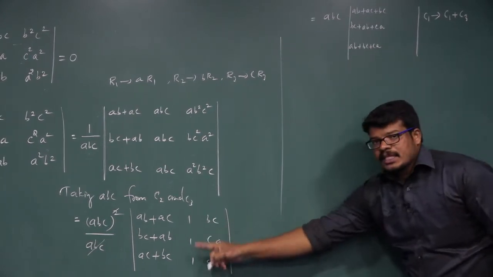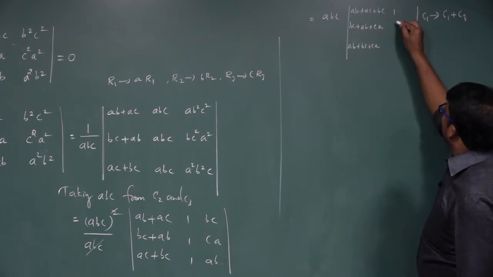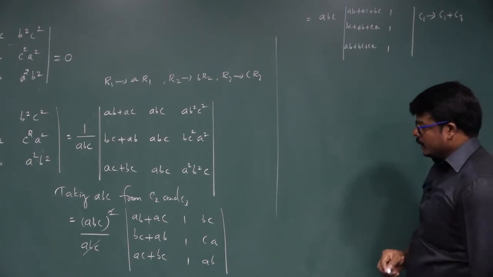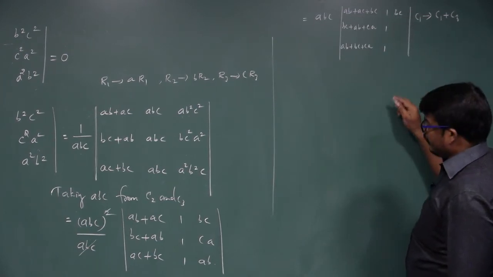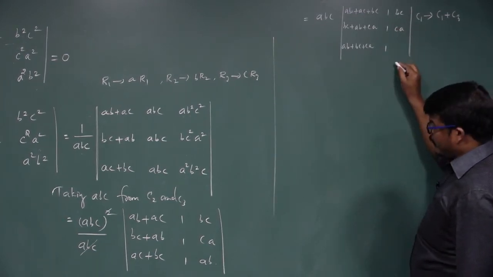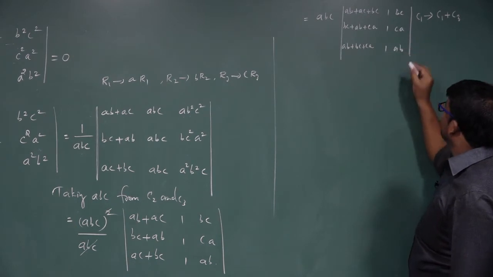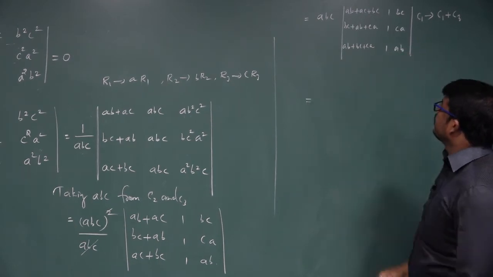The second column stays 1, 1, 1, and the third column stays BC, CA, AB.